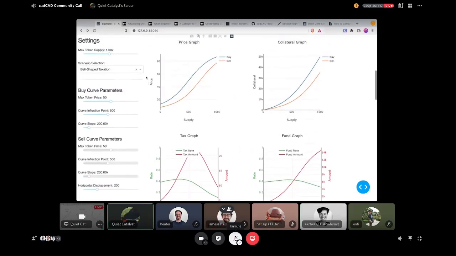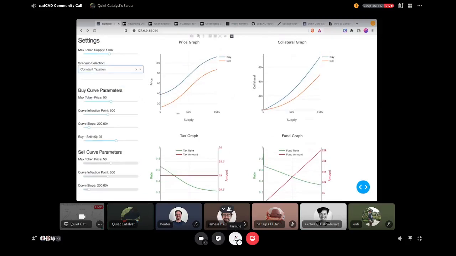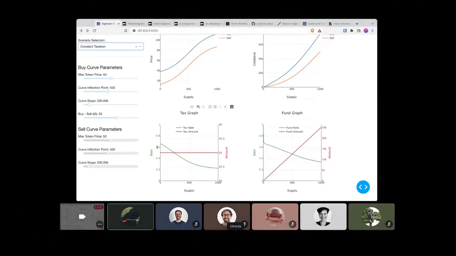And so actually, if we go back and take a look at constant taxation, and we start with the price curve and say the difference in price here must be about 25, between the buy and the sell curves. Then we look down here at the tax graph and see the amount is 25. That's basically the distance between these two curves. So that's an absolute token amount.